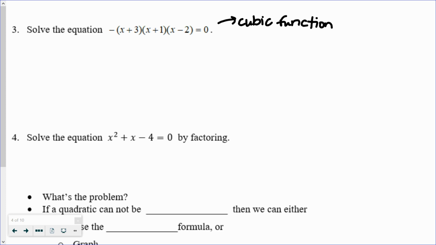So if I give you it in factored form like we have here, you can figure out stuff, but I won't give you like a 4-term one with a cubic function and be like, well, factor this, because we actually don't have the skill that you would need in order to factor that. So it's already in factored form.